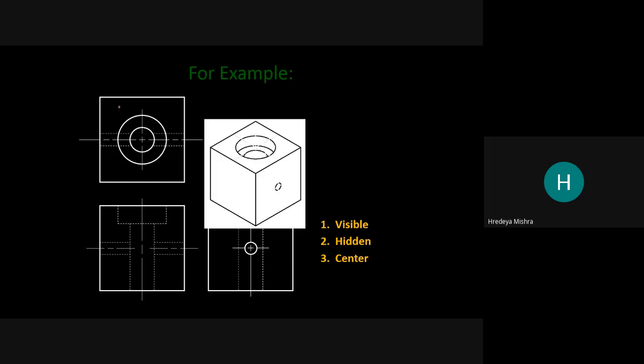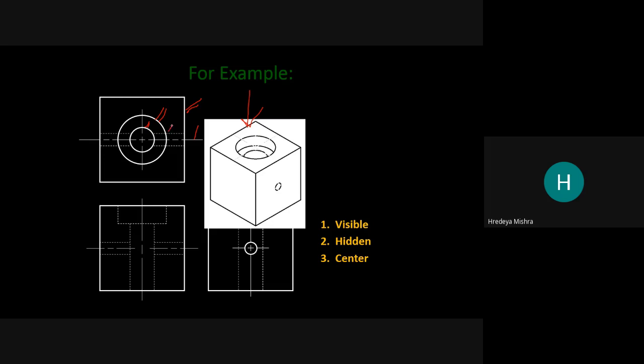So see here, from the top what we can see is this circle, and we can see the inside circle, and outside a square is there. All other things are hidden. So this is our center line, and these are the object lines.